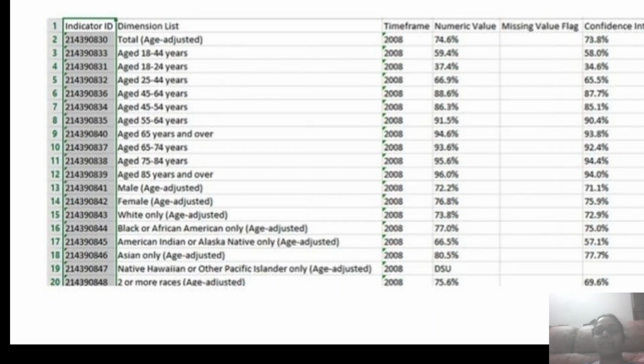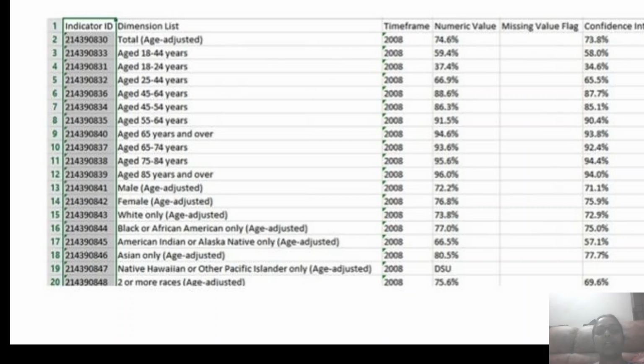This is one sample example that we can consider for structured data, where we have six different columns. Each column represents some particular attribute. The indicator id represents the id of a particular product or person.